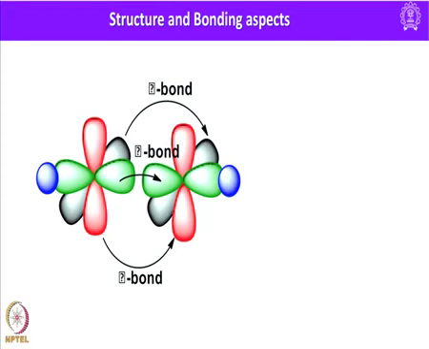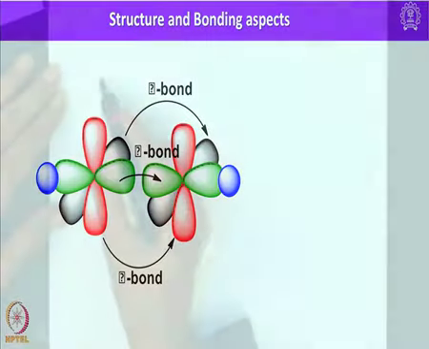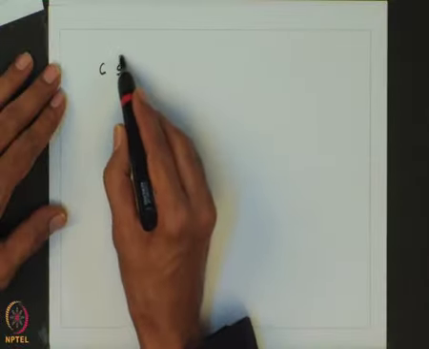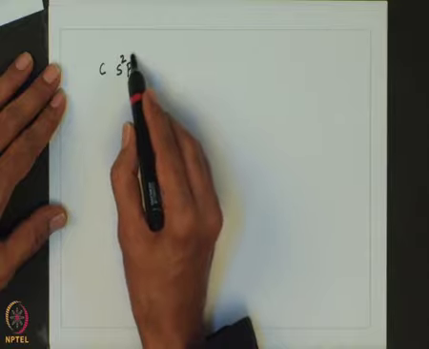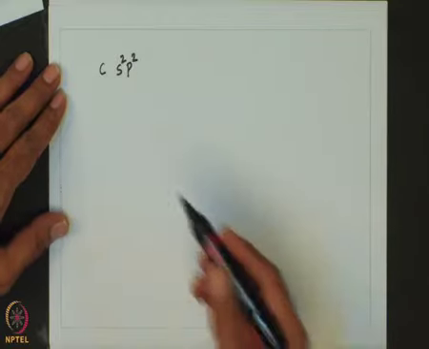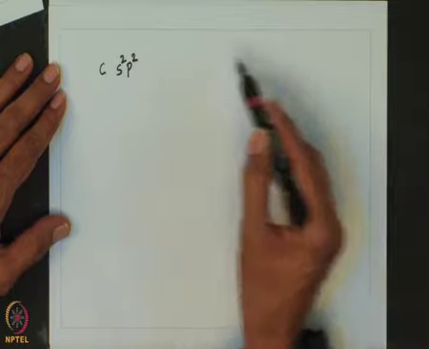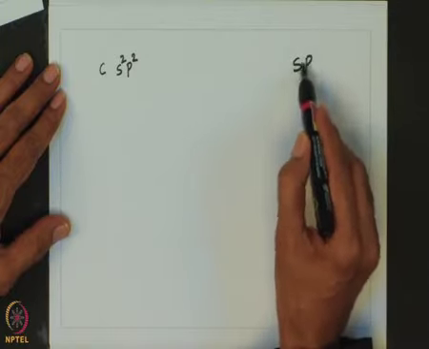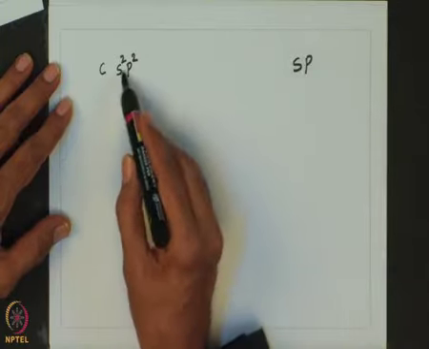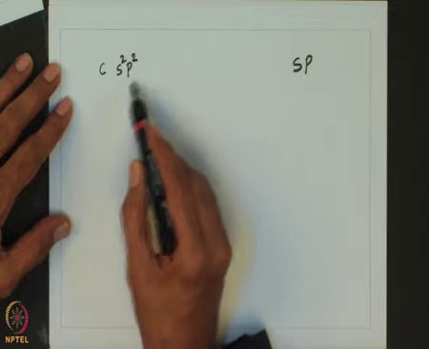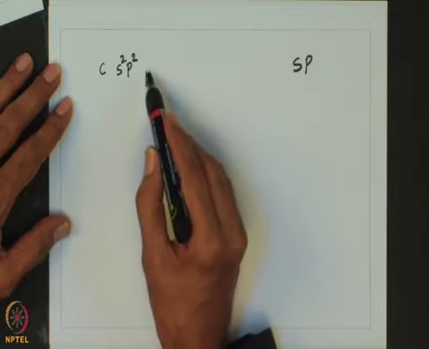Carbon has s2p2 electronic configuration. If it undergoes sp hybridization, what we need is to consider only s. Before that, an s electron has to be promoted.